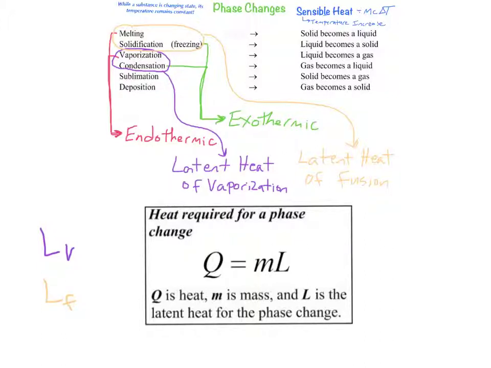Every substance has a different latent heat of vaporization. For helium, for example, it is 20.9 kilojoules per kilogram, whereas for nitrogen it is 201 kilojoules per kilogram. This tells us how much heat energy is required to change the state of matter of a substance.